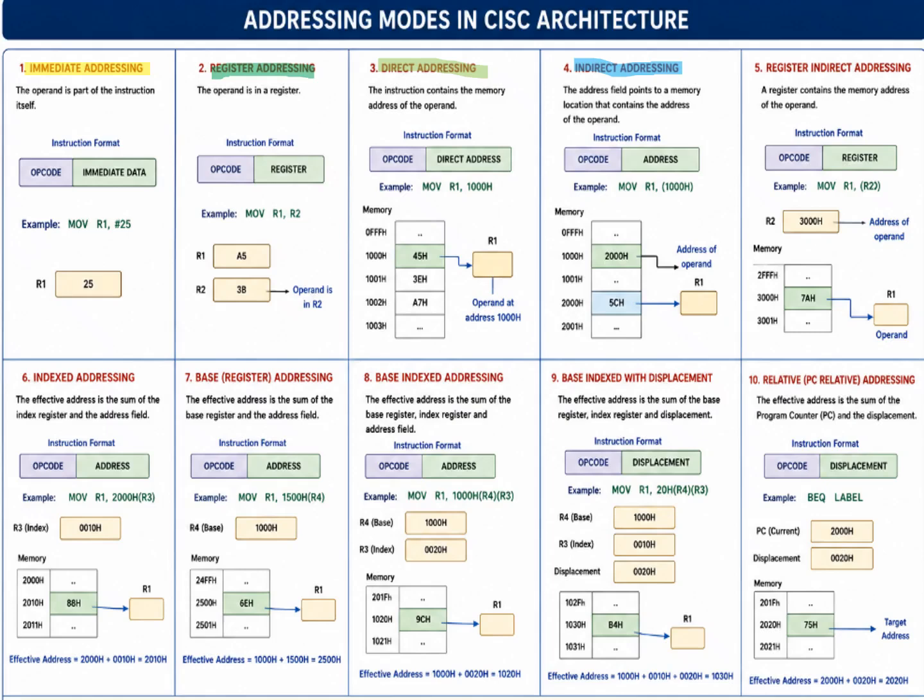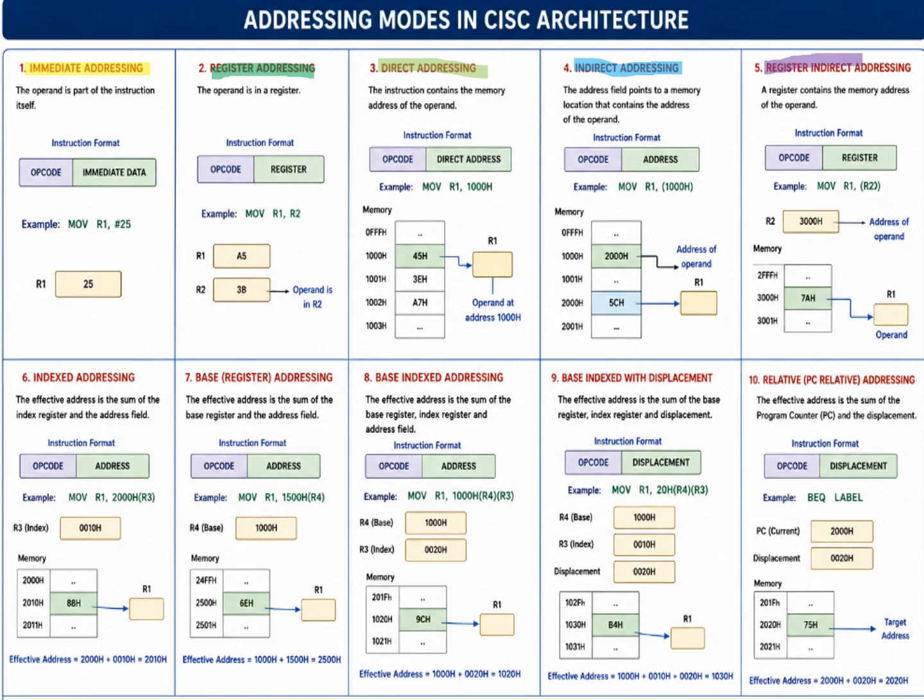The example is MOV R1, 1000H. Here also, this is the memory, and the address of the operand is to be found at 1000H. So what value is given at 1000H? 2000H. That is the value, and it is moved to R1. Okay.